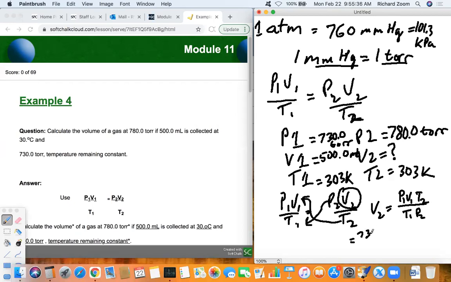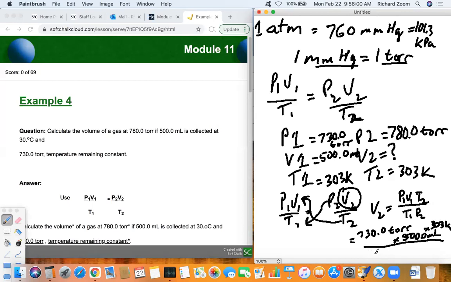Now I'm just going to do that this once here because it's the first time you're seeing it. Volume 1, 500.0 mils, and 303 K. So that's P1, V1, and T2.